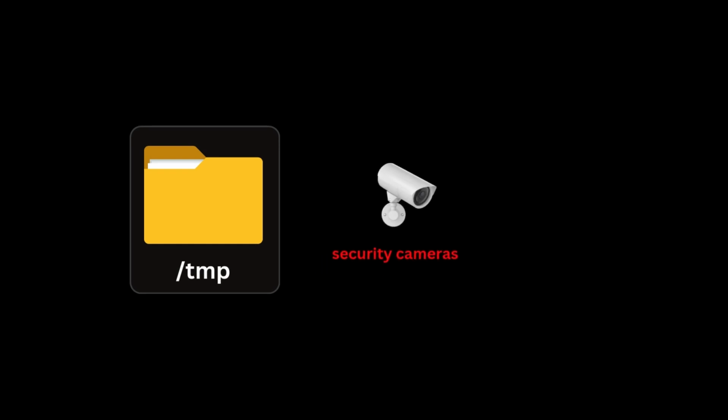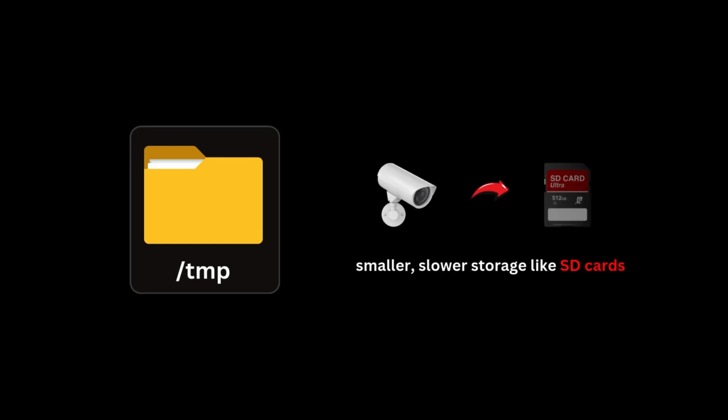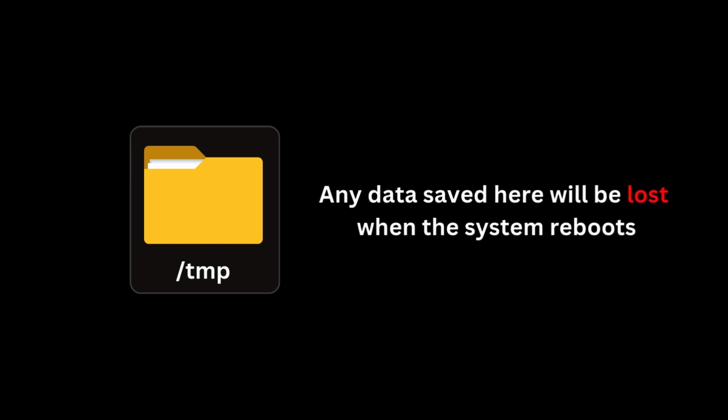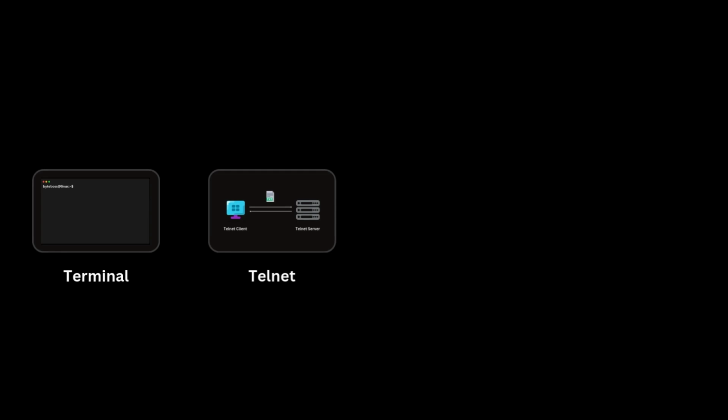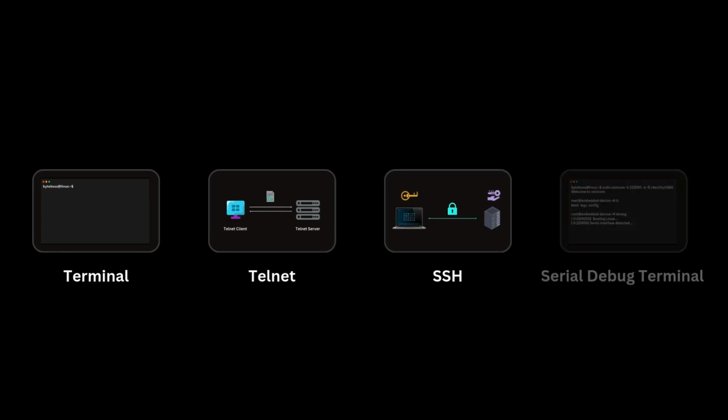On devices like security cameras that rely on smaller, slower storage, like SD cards, /tmp is often mapped to internal memory. Keep in mind, any data saved here will be lost when the system reboots. You can access a Linux machine in different ways, through the terminal, using Telnet, SSH, or even a serial debug terminal.